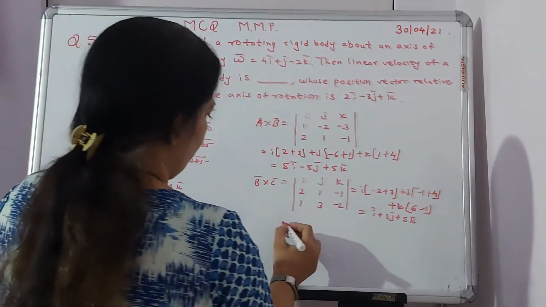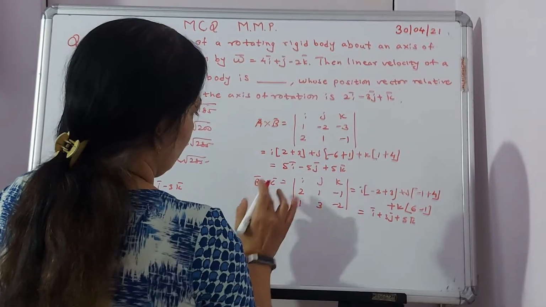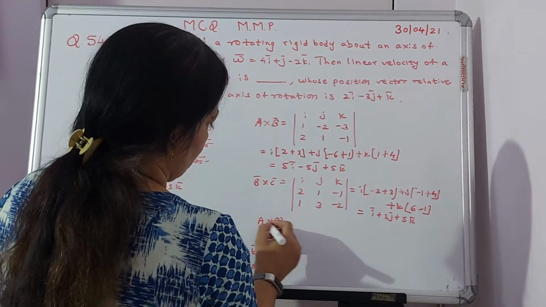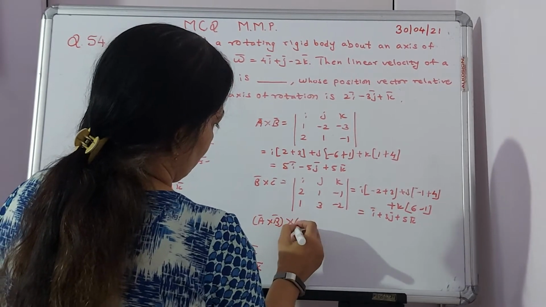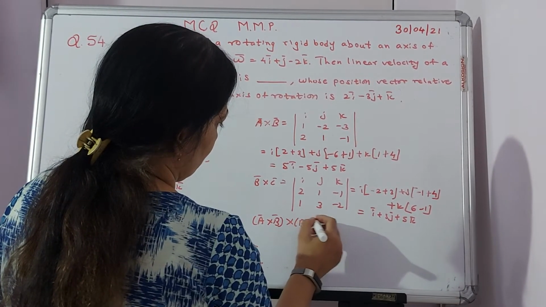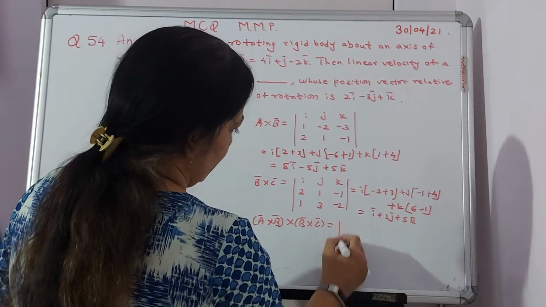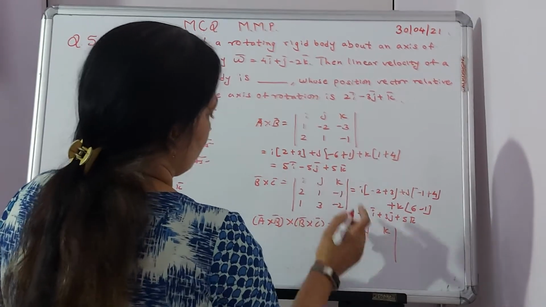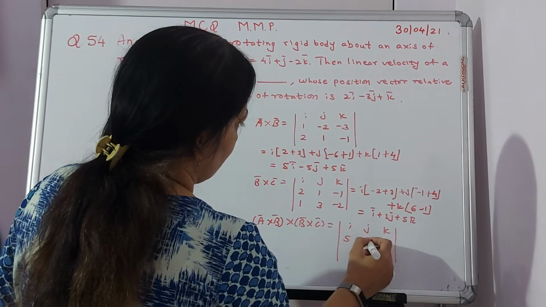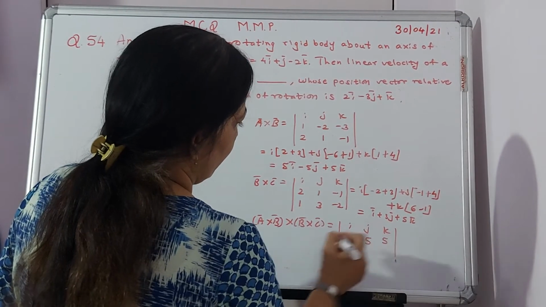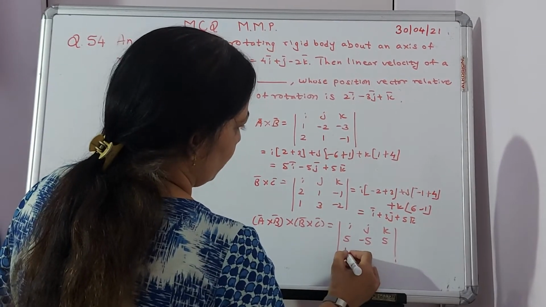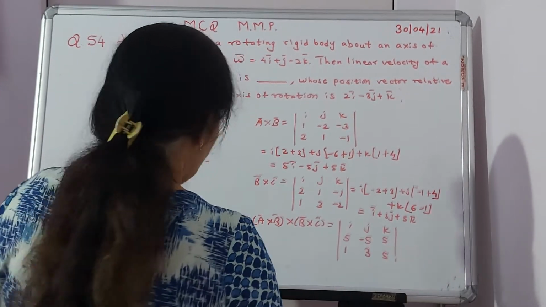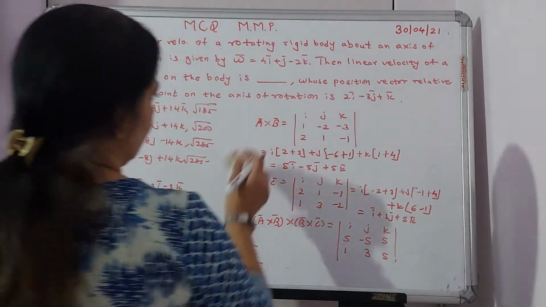After getting the answer, what I am supposed to do? A cross B cross B cross C. So therefore A cross B cross B cross C should be i, j, k. A cross B should be 5 minus 5, 5, right. This should be 1, 3, 5, right. So if you simplify this, what should we get the answer as?